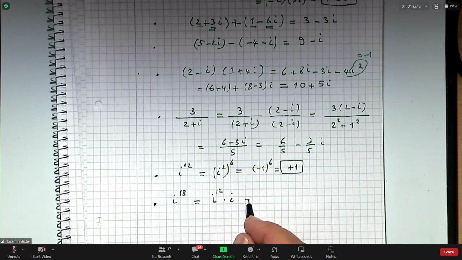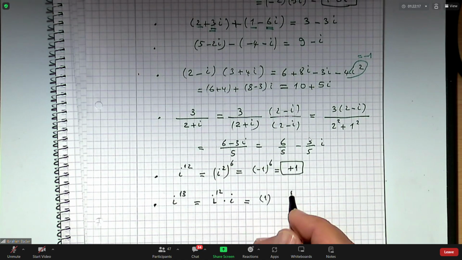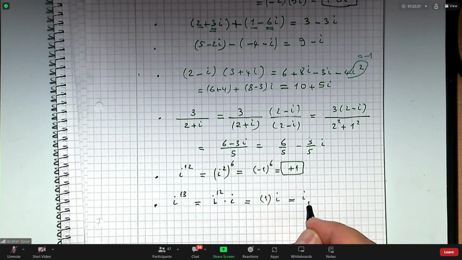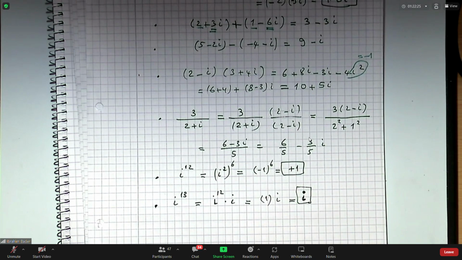And then from there, I take i to the 12, which I just evaluated in the previous step as 1. As you see, one gives me a pure complex and the other resulted in a pure real.